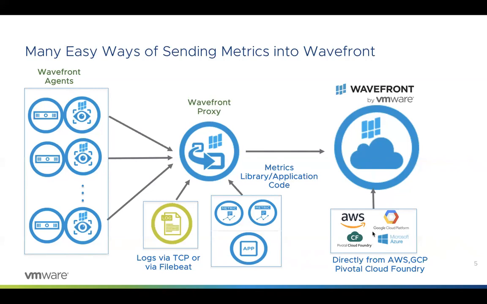This is pretty useful when the application metrics are custom metrics representing their business performance, for example. In this case, we have a wide range of instrumentation libraries for you to use, and you simply call the API calls to relay your metrics to the Wavefront server.